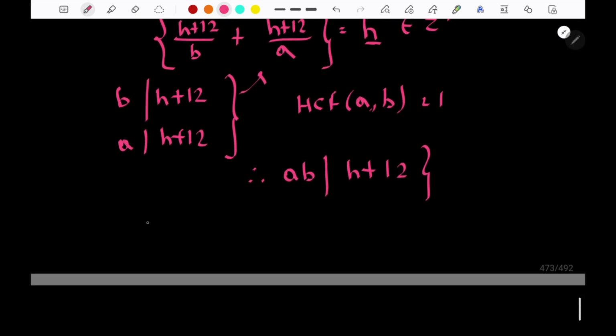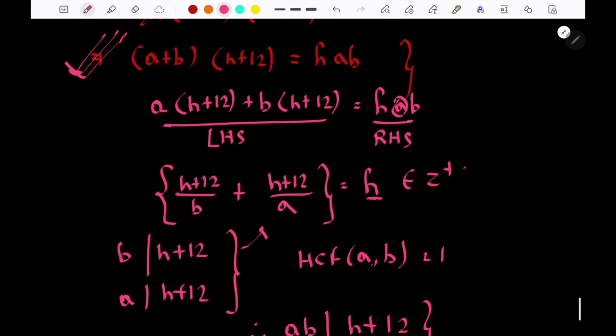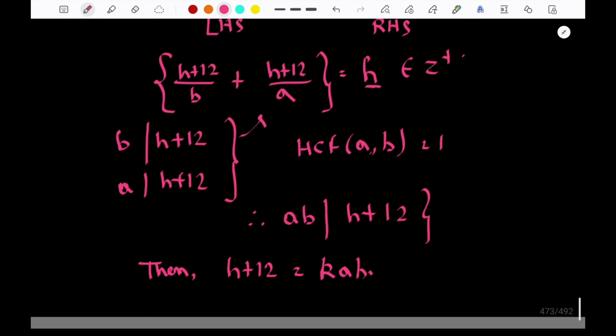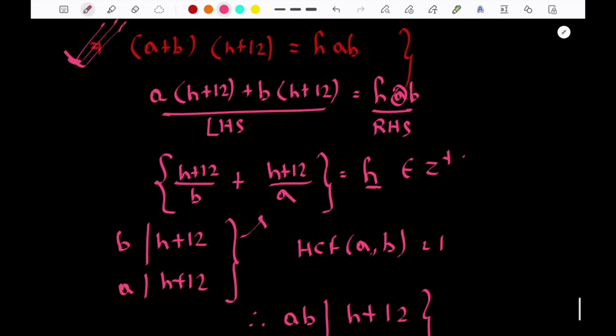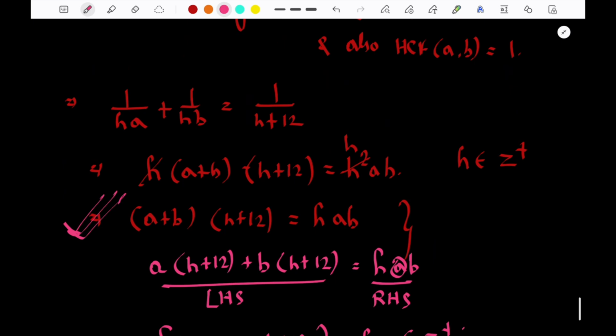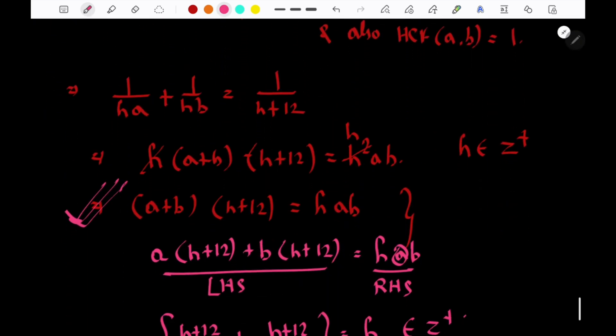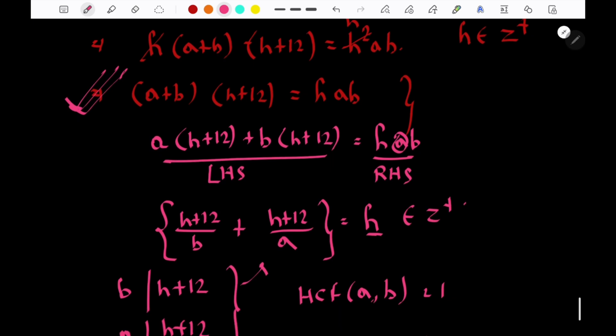Now we can consider that h plus 12 will be equal to some k into ab. So if I substitute into the original equation, let's say this was the original equation, so let's consider this as 1. What we need to do, we can substitute here and say this is 2. So where are we going to substitute?